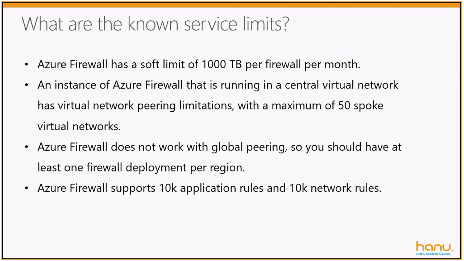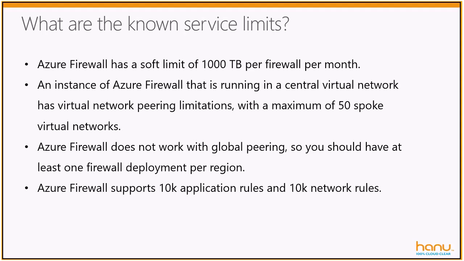So these are the known service limits. The soft limit is 1000 terabytes per month of inbound and outbound traffic. Similarly, if you have more than 50 spokes with a virtual network, as I was mentioning earlier, there is a limit.